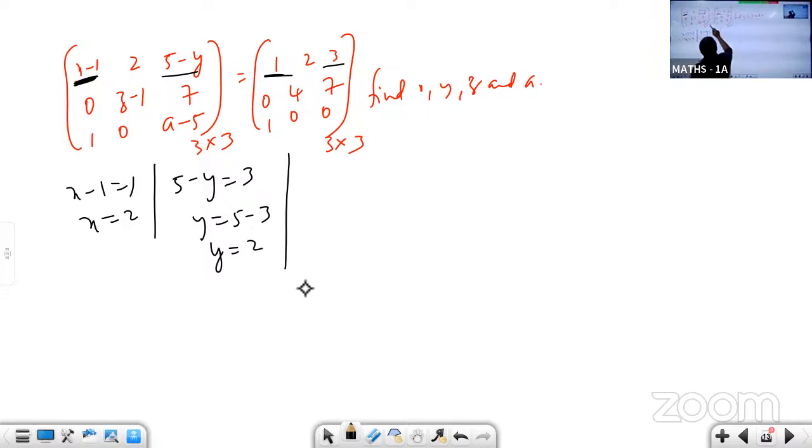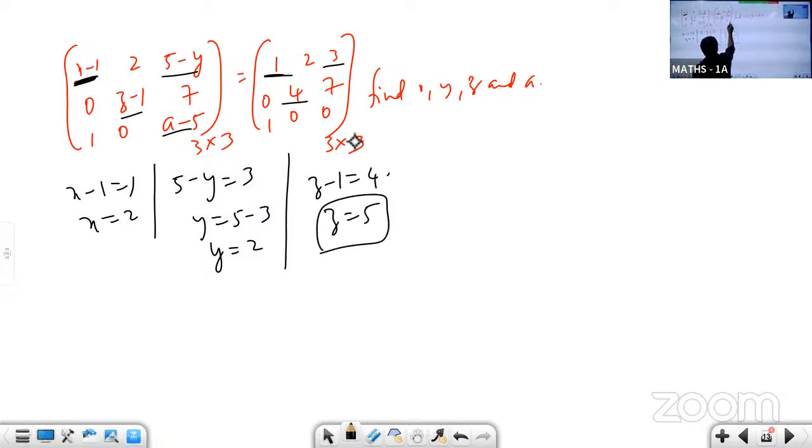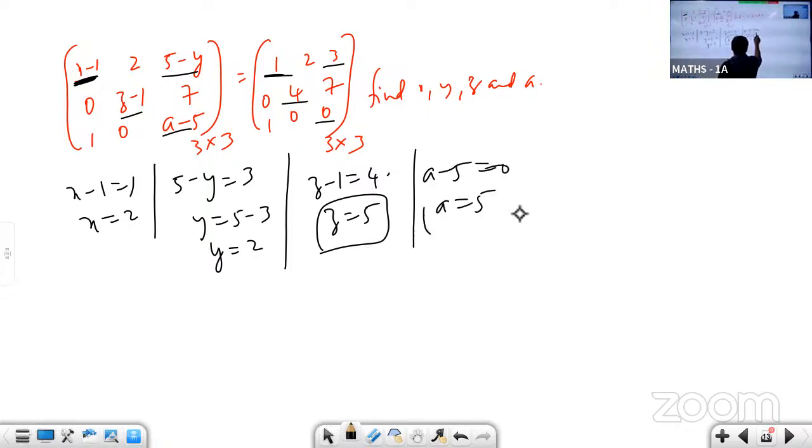Next, this one and this one you are going to equate. Whatever values you find, you equate those. Next, a minus 5 and this, so a equal to 5. So like this, you are going to do this type of sums. So like this, 2 marks. Tomorrow after doing 4 marks, we'll continue with a few more 2 marks which are important from the exam point of view.